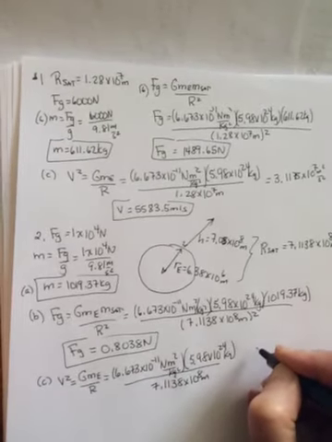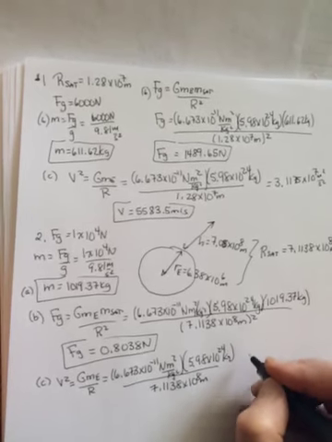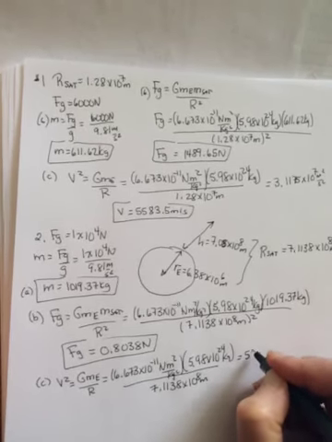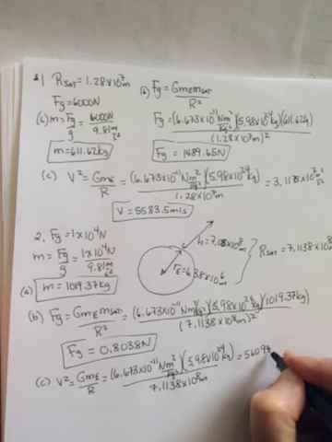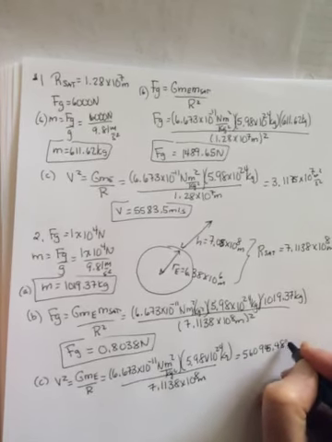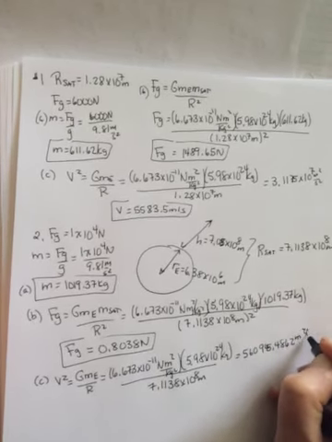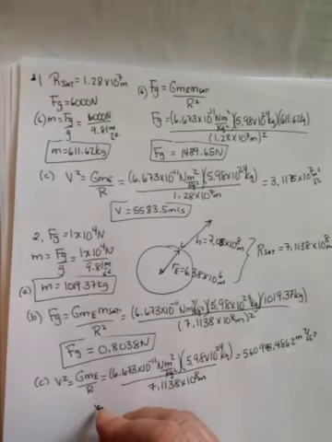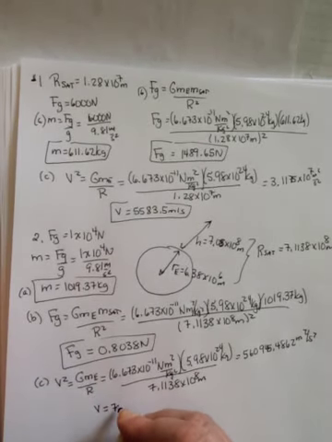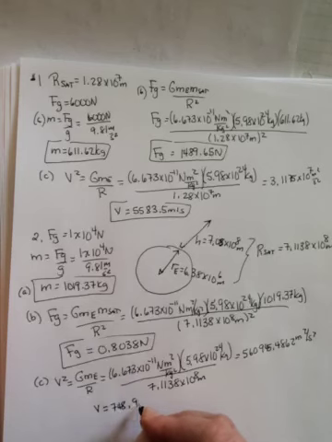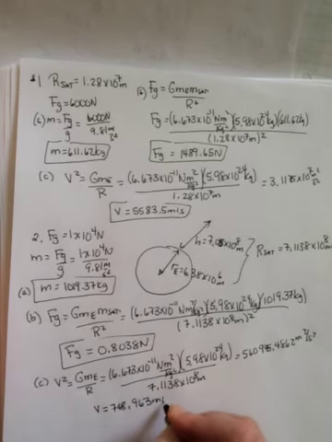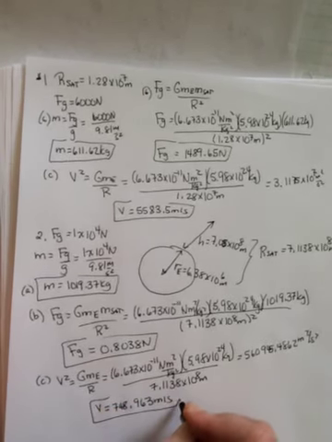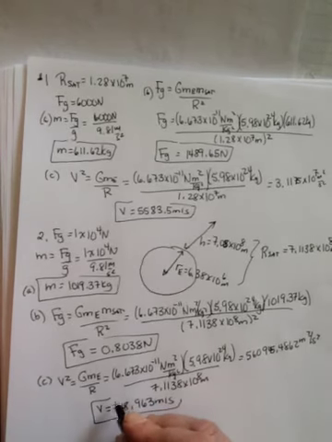Remember, that's going to be v squared. And when you get it, it's 560,945.4862 meters squared per second squared. Take the square root and you get a v of 748.963 meters per second.